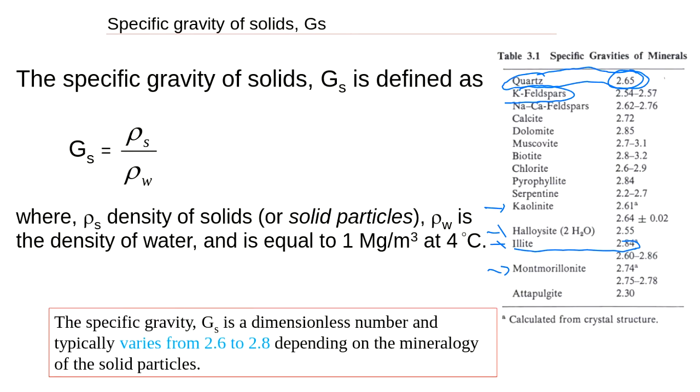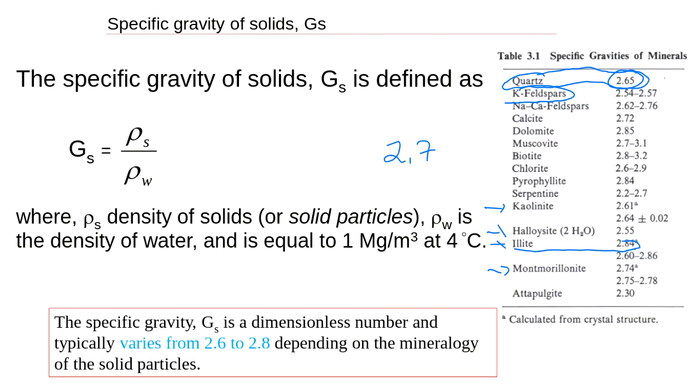Sometimes when we don't do a specific gravity test, we just make an assumption that it's 2.7, and then we do some calculations. We maybe don't use specific gravity as it is, but somehow it gives us lots of information.